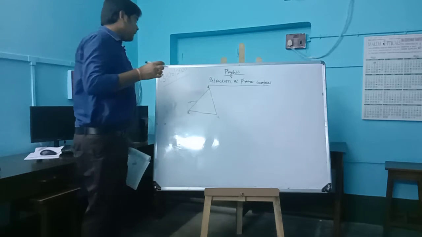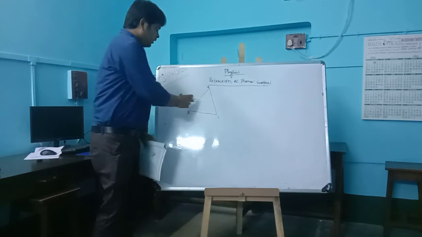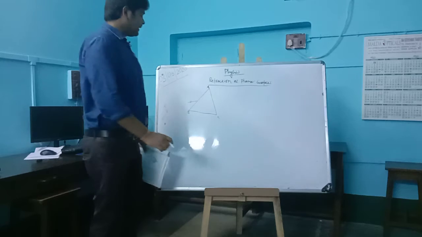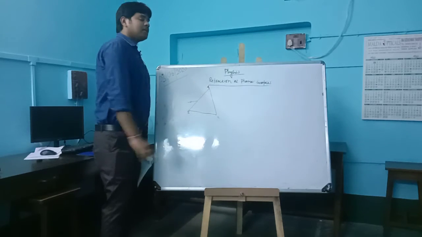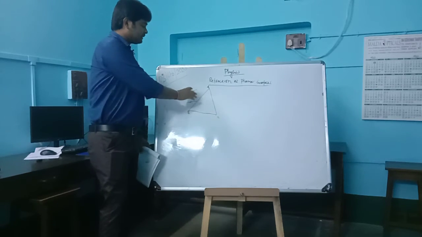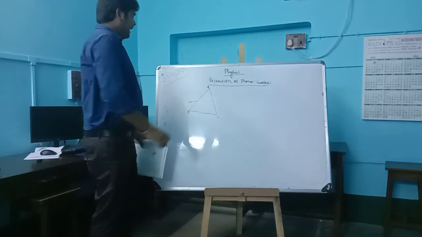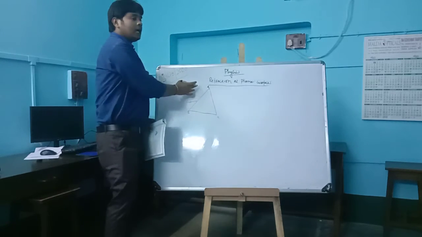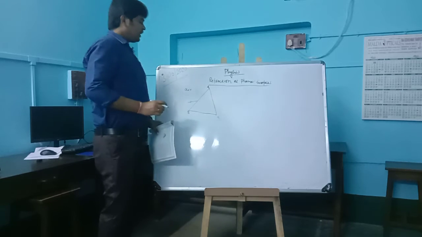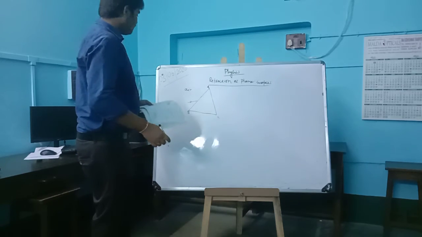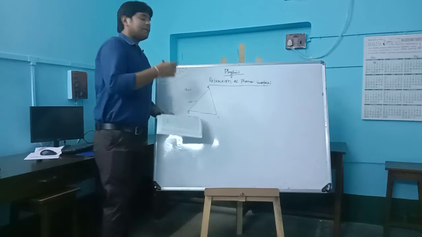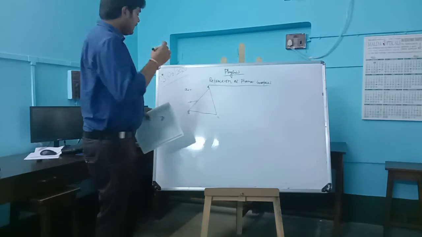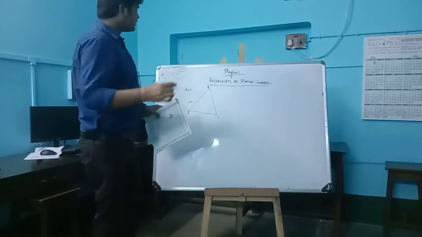After incident on that refracting surface, when it passes through the glass of the prism, that is inside the prism, as this is the air and this is glass, that is it is the rarer medium, this is the denser medium. Now when light rays are falling from rarer medium to the denser medium, it will bend towards the normal.